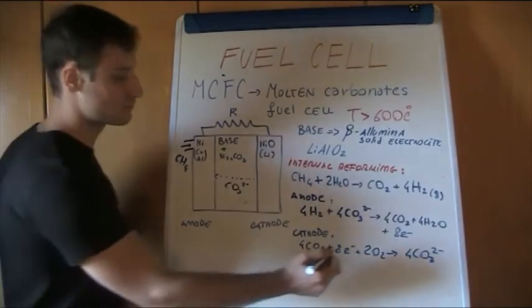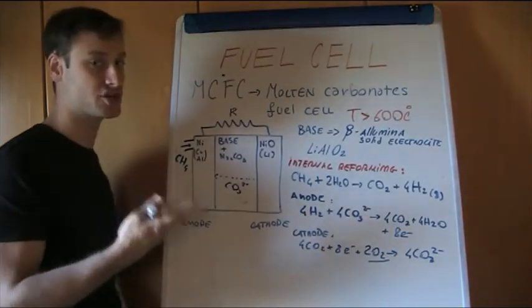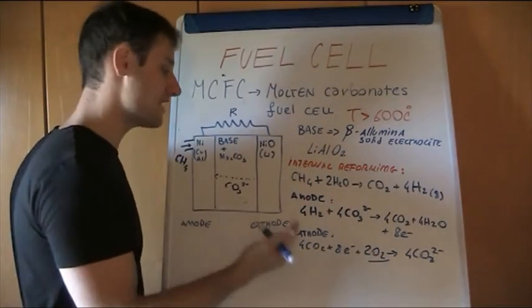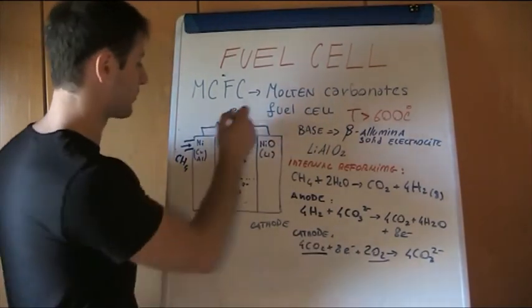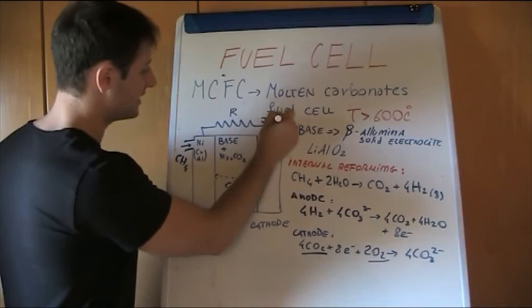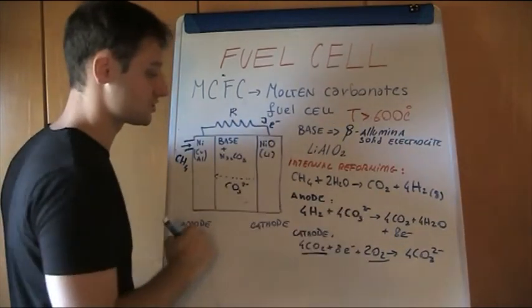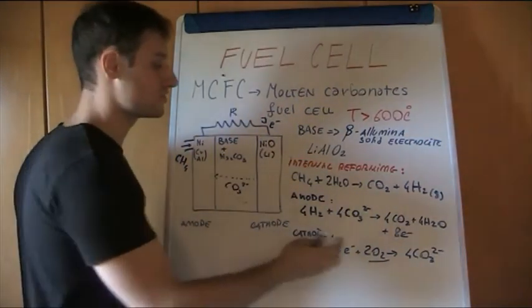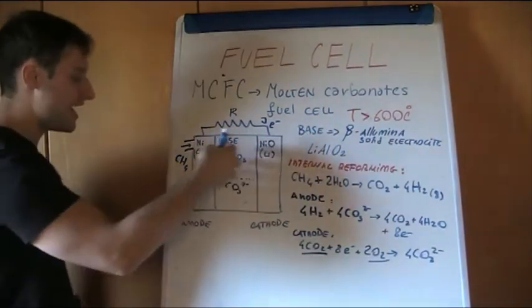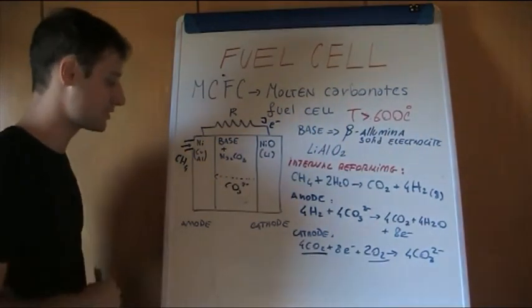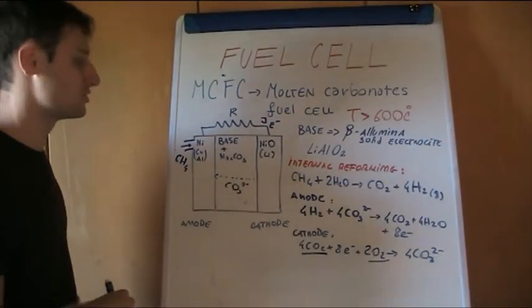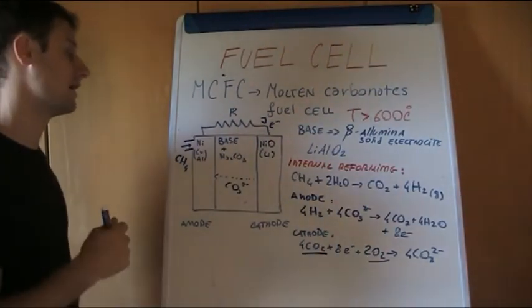So we have the reaction of oxygen, so it's an oxygen reduction again, but these are reductions involving the use of carbon dioxide and the electrons collected from the external circuit, released due to the oxidation. And we have in this way the formation of carbonate that can migrate in the base electrolyte and reach the anode, promoting the formation of electricity.